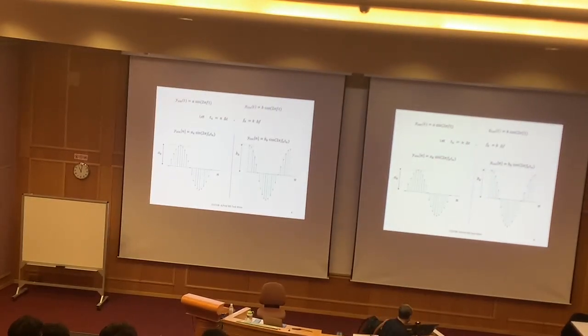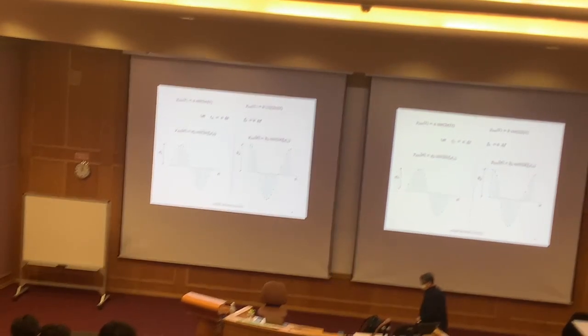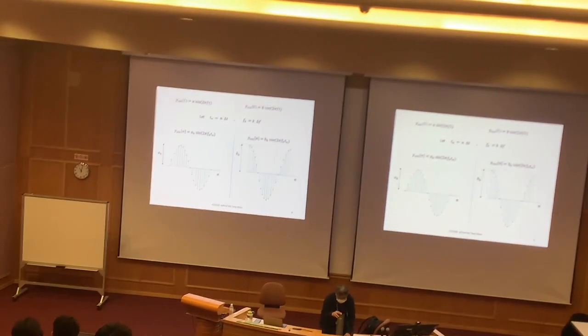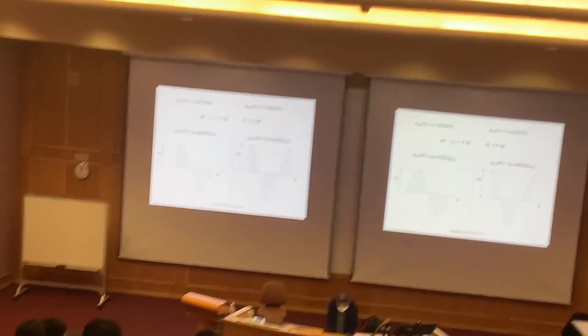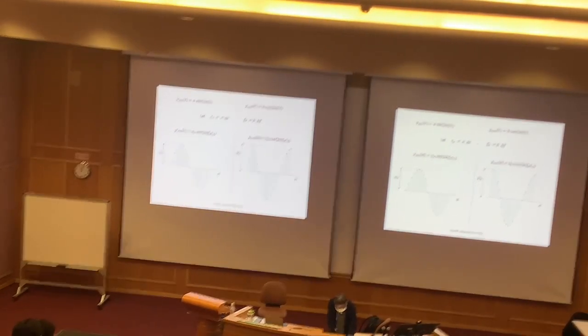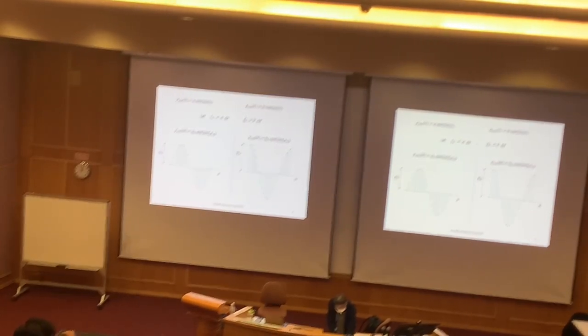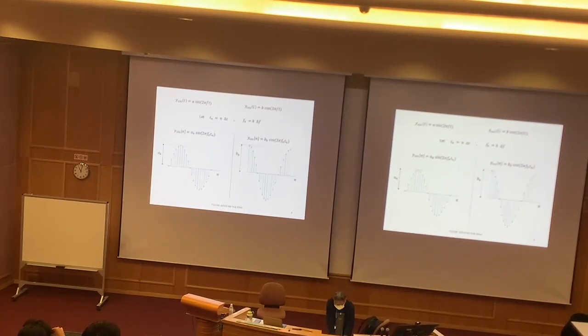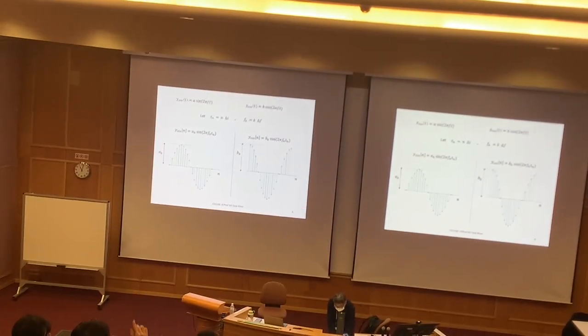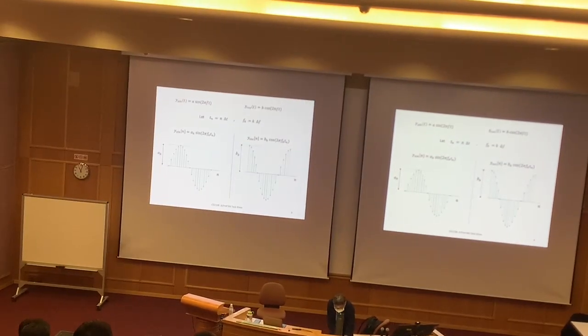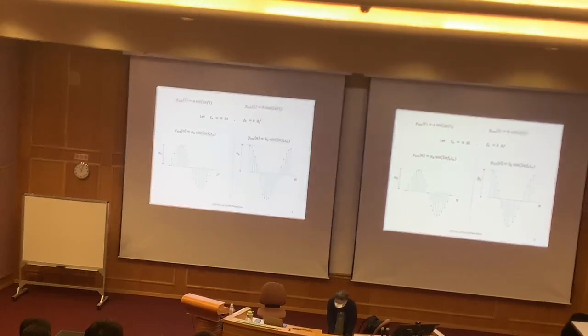Rather than write down, because even I also forget after a while, then write down. So it's a signal, y of t is 5 times sine of 3 hertz plus 2 times cosine of 4 hertz.